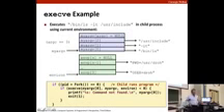Now, the first time you see this combination of fork and exec, it seems a little odd, doesn't it? Why not just have one command that creates a new process and runs a program in that process? Why have these two separate fork and exec?